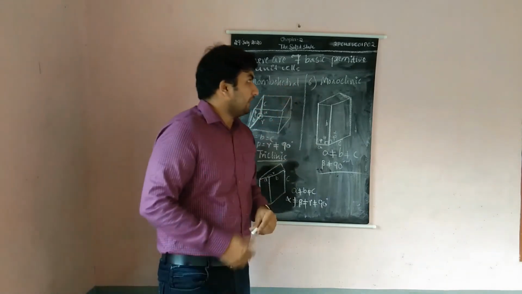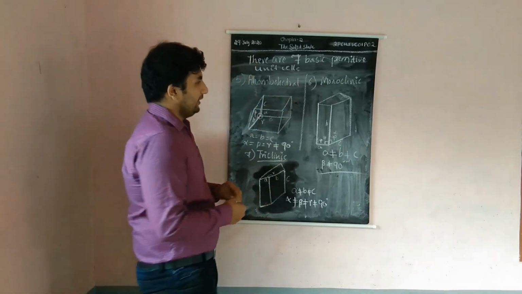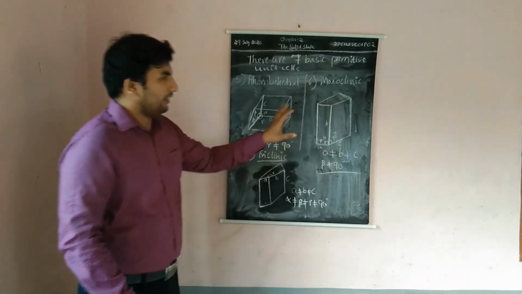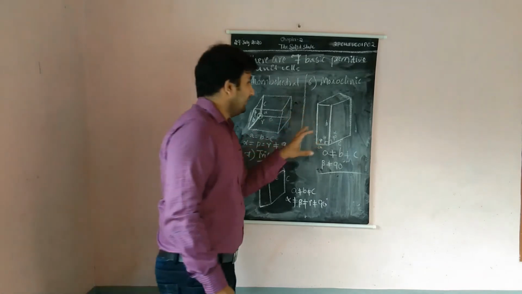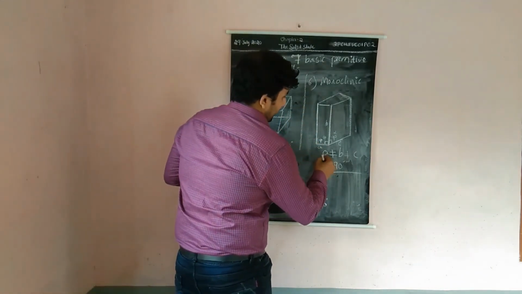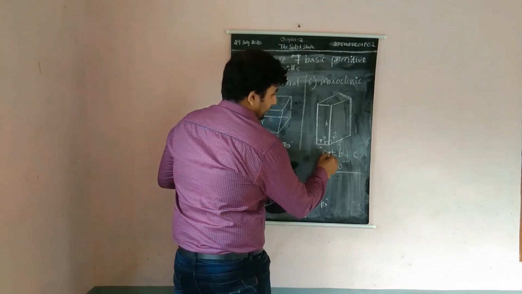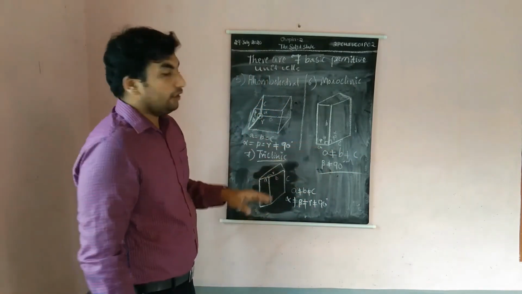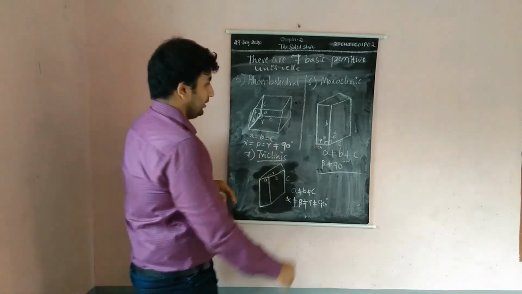Then the sixth one, monoclinic. In monoclinic, the structure is not drawn exactly like this, you can adjust it. Here the edges A, B and C, all three are not equal to each other.